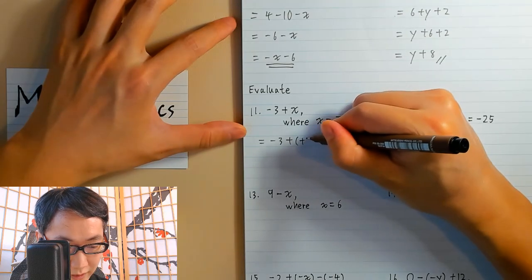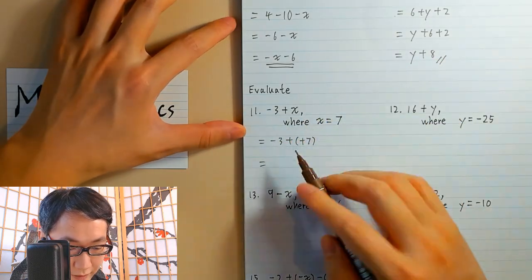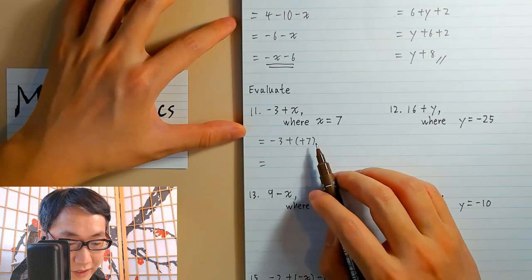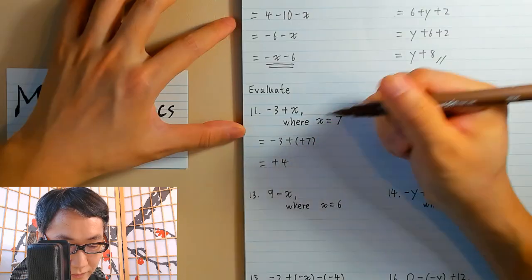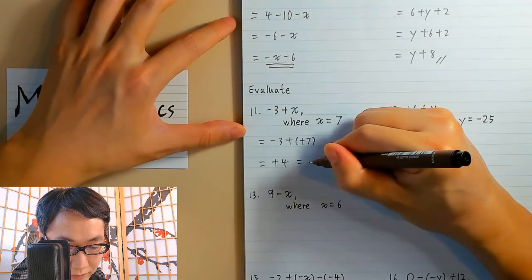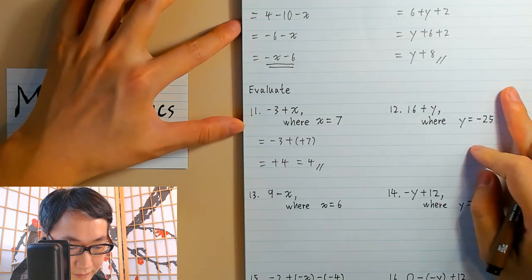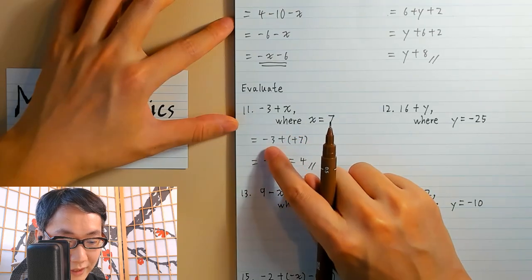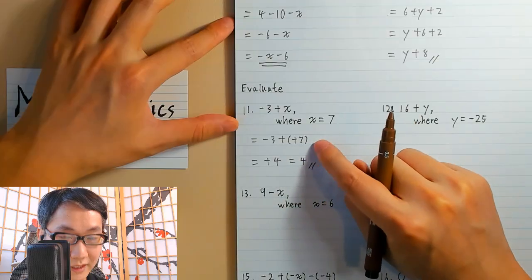So like this. And then this does nothing. So negative 3, positive 7, and then we have positive 4. Or just 4. Okay. I can also omit this positive sign, because in the bracket I can just write negative 3 plus bracket 7 bracket. That is also okay.